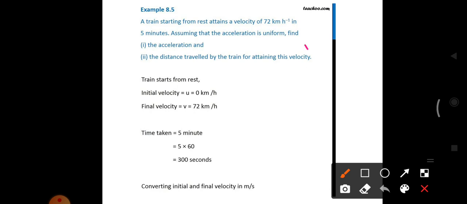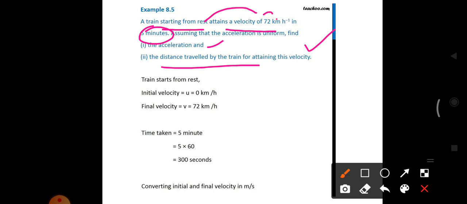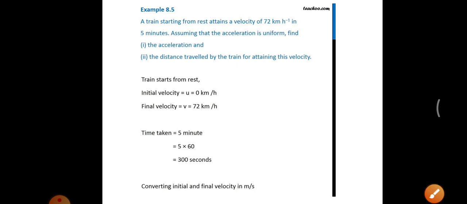Do you understand the question? A train starts from rest and attains a velocity 72 km per hour in 5 minutes. You have to calculate acceleration from the rest to final and also the distance travelled by the train for attaining this velocity. So see the solution.